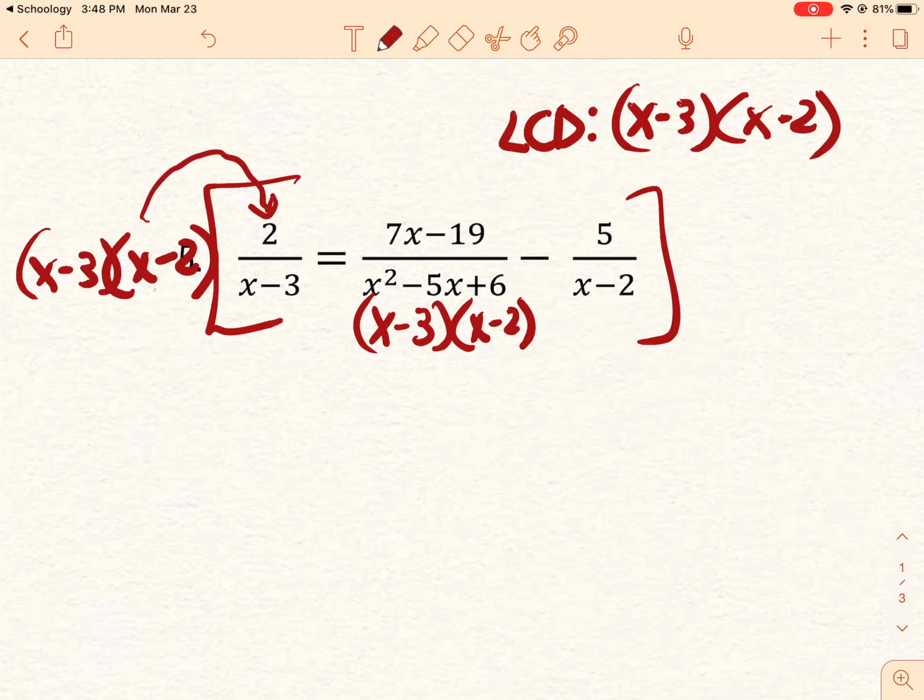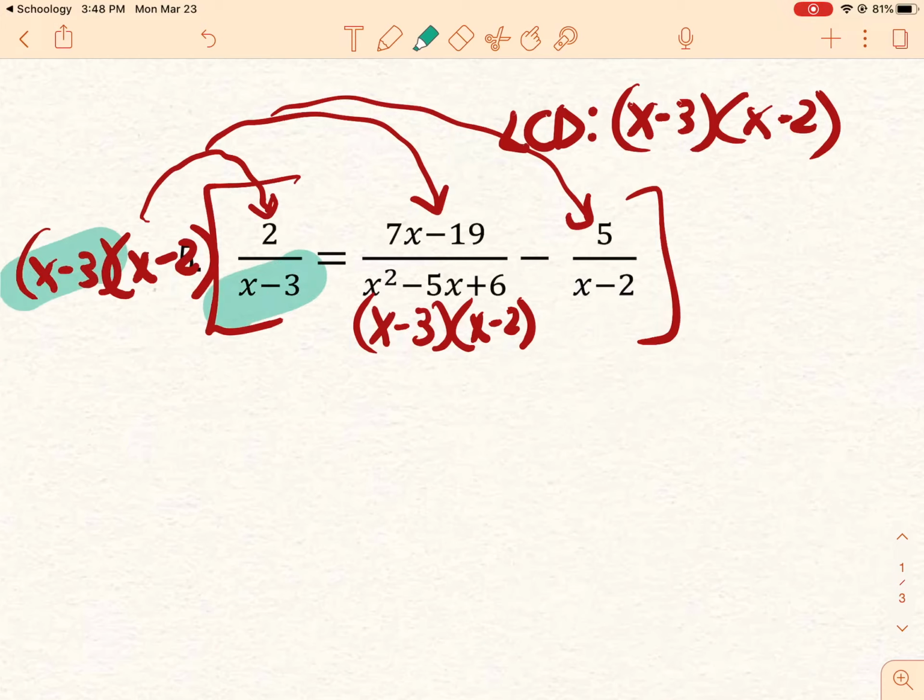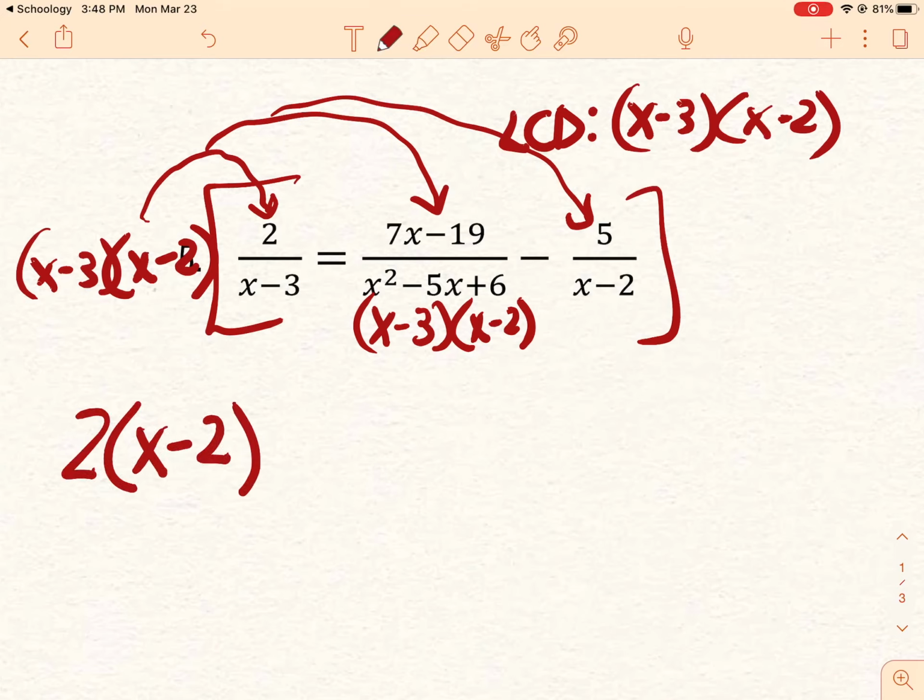So this whole thing is being multiplied by that. This whole thing is being multiplied by that. That whole thing is being multiplied by that. But you're getting stuff to cancel out. On the first one, the x minus 3's cancel out. So then you're left with just 2 times x minus 2.